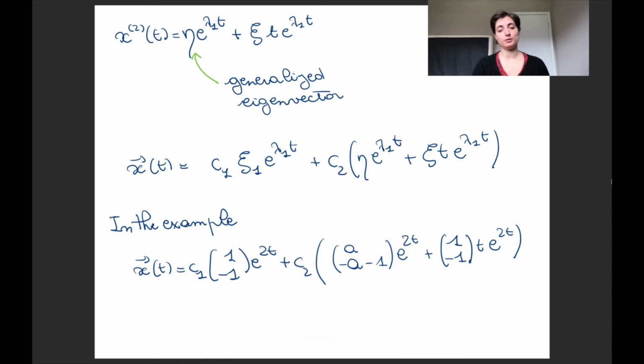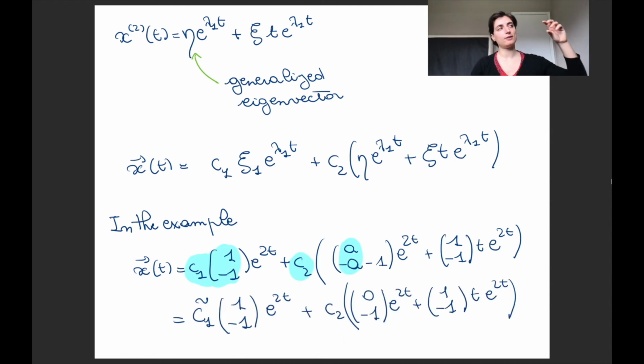In the example, if we want to write it down, we have C1 multiplied by xi, the normal eigenvector, that is (1, -1) exponential of 2t, plus C2 multiplied by the whole block, that is eta, (a, -a-1) exponential of 2t, plus the normal eigenvector, (1, -1) t exponential of 2t. We might notice that we have a C1 multiplied by (1, -1) exponential of 2t, and the C2 a times (1, -1) exponential of 2t.